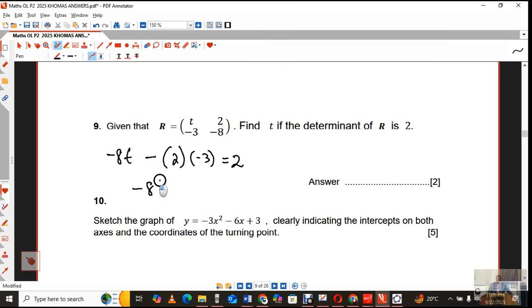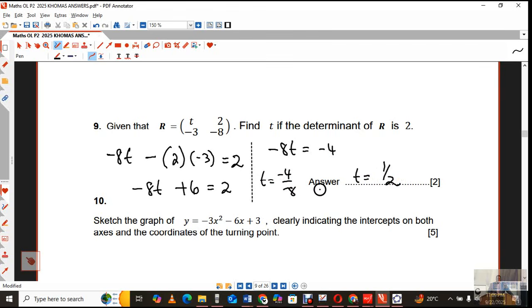So let's clean up. What is it that we're getting? We have negative 8t plus 6 is equal to 2. All right. At the end of the day, this is going to give me negative 8t is equal to 2 minus 6, negative 4. And that gives me that t would be negative 4 divided by negative 8, and t is equal to a half.